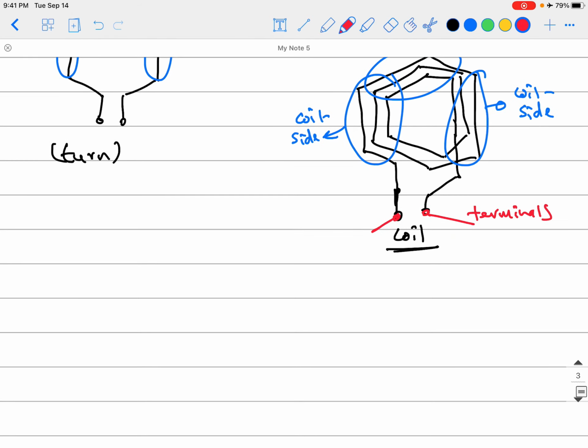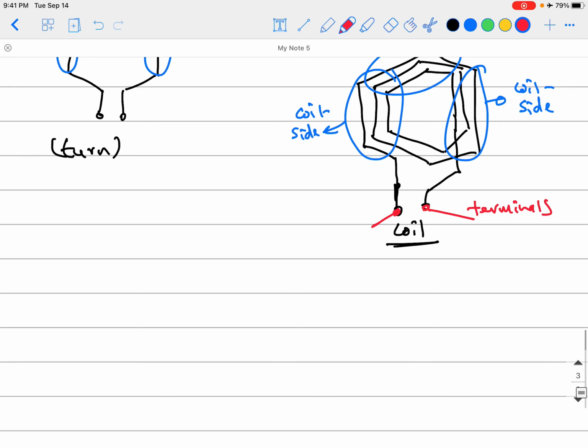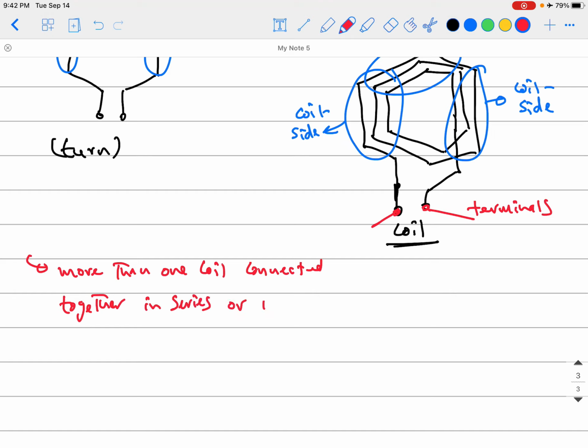If you go further with this, more than one coil connected together in series or in parallel is called a winding.